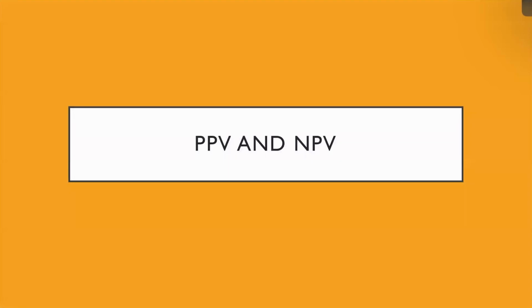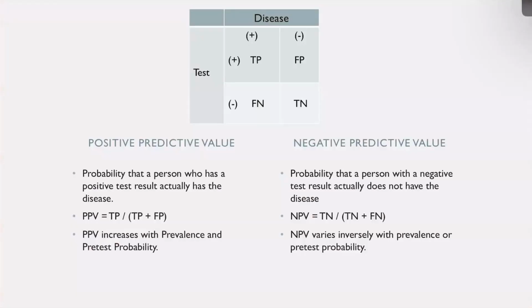Okay. So like sensitivity and specificity, you also have positive predictive value and negative predictive value. We're going to use the same table. So let's compare. Positive predictive value is the probability that a person who has a positive test result actually has the disease.